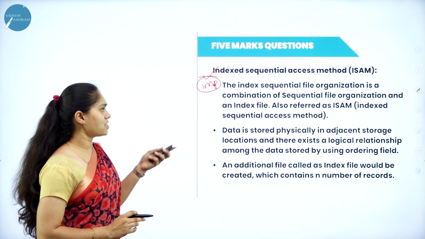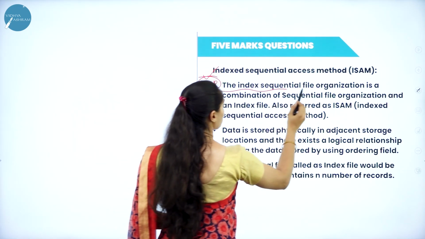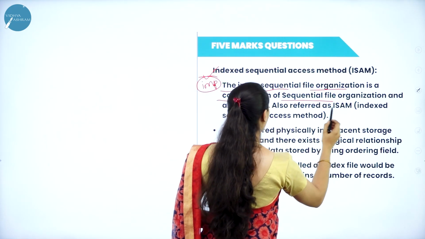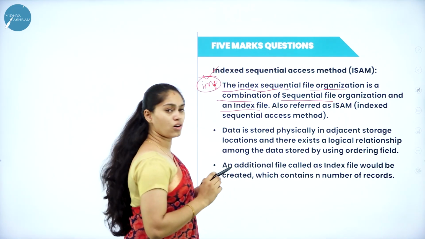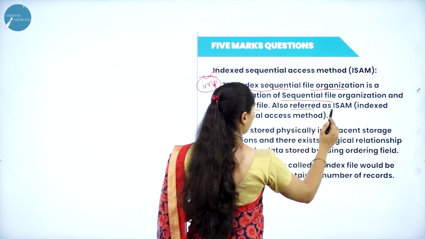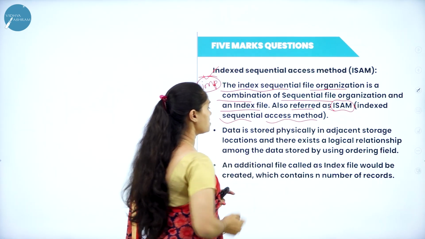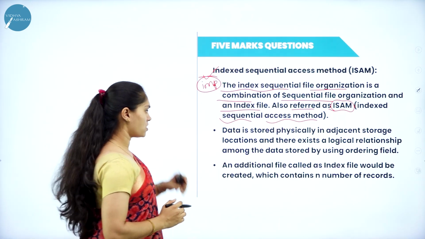Coming to ISAM, that is index sequential file organization, it's a combination of sequential file organization and index file organization. It is also referred to as ISAM, indexed sequential access method. So the abbreviation is also important.